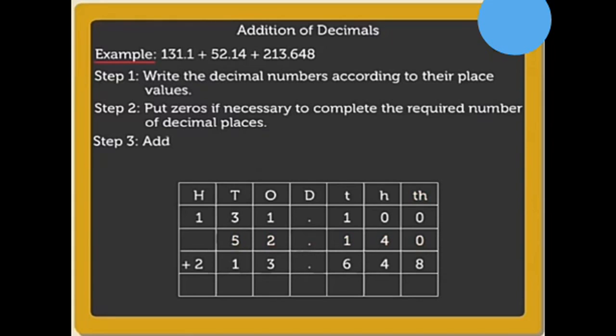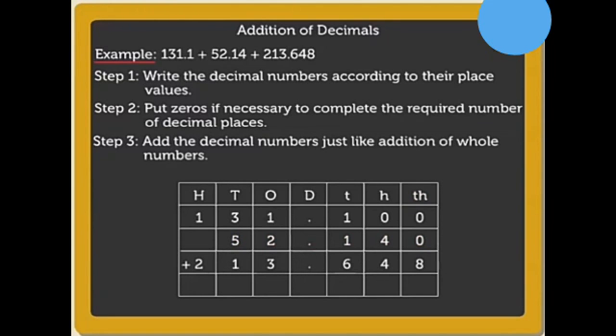Step 3. Add the decimal numbers just like addition of whole numbers. Add the digits in the thousandths place. That is 0 plus 0 plus 8 is equal to 8. Next, add the digits in the hundredths place. That is 0 plus 4 plus 4 is equal to 8. Next, add the digits in tenths place.